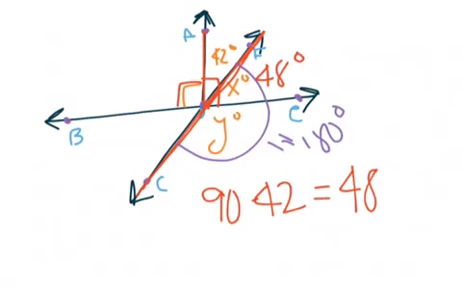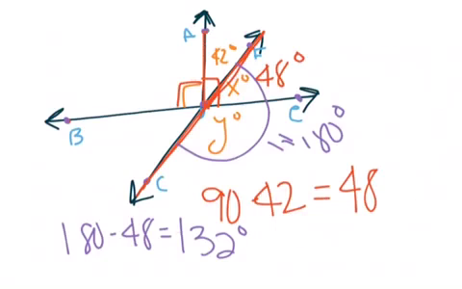Or I'm sorry, X is a supplementary angle to Y because they share the same line. They're a linear pair. So let's do 180 minus 48. Super sloppy. Sorry about that. Let's do 180 minus 48. It's going to be 132 degrees. So X is going to equal 48 and Y is going to equal, well, if I could just write a little bit neater, 132 degrees.